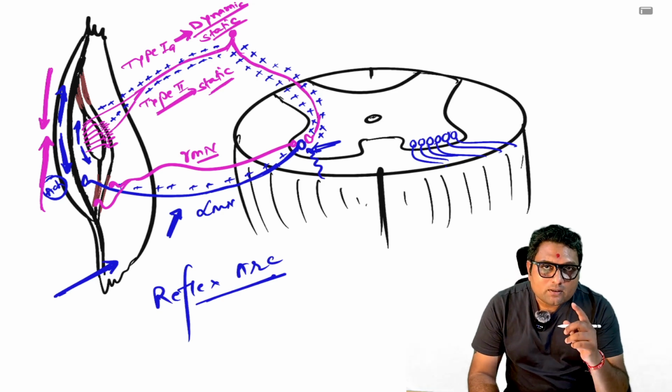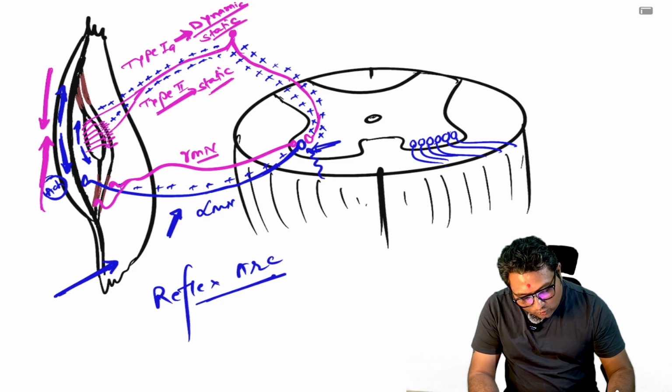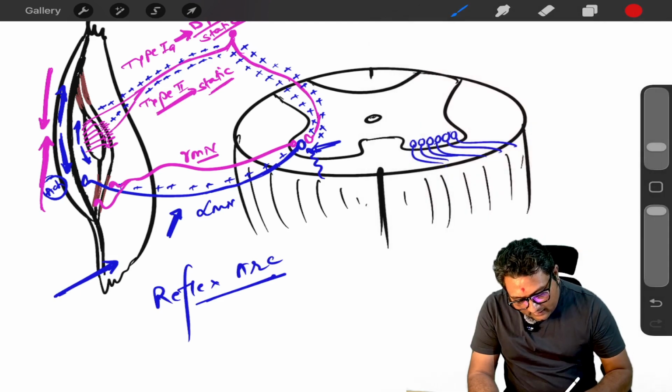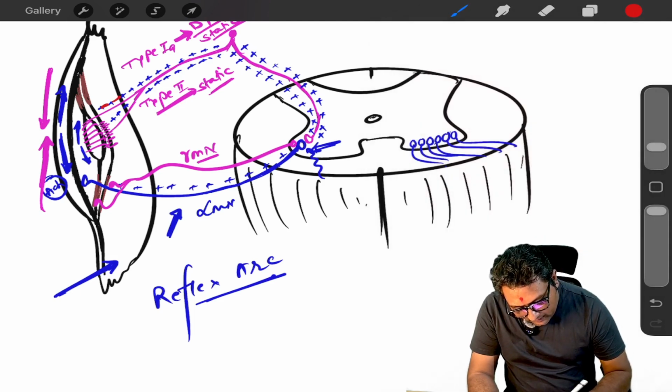When the length of the muscle reduces, that leads to a decrease in firing of the muscle spindle. So action potential frequency reduces through these afferent fibers.